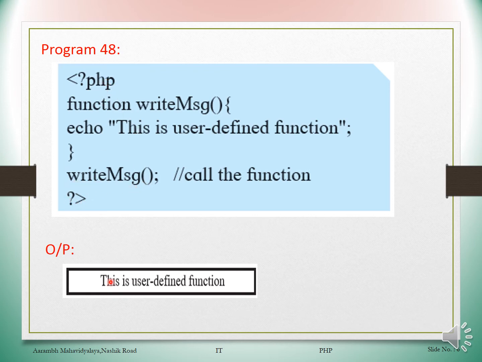When this program executes and the cursor reaches the declaration, it will not execute this part. It will jump out of this, and when it gets the function name, then it will go back and execute this part. Okay, this is the structure of the user defined function, and due to this we will get the output: this is user defined function. It's a simple one.